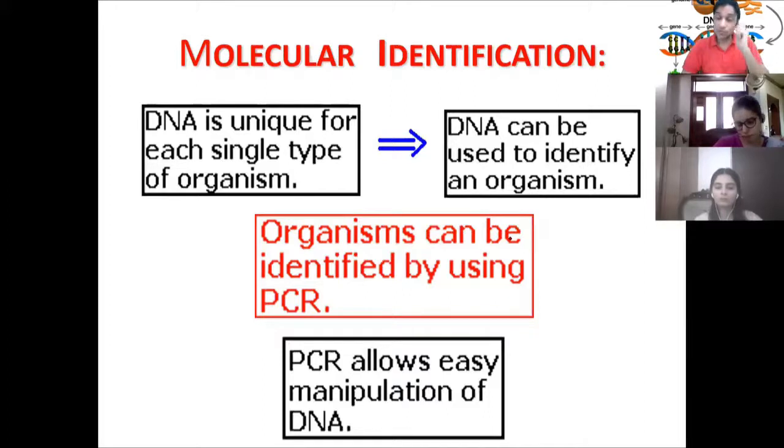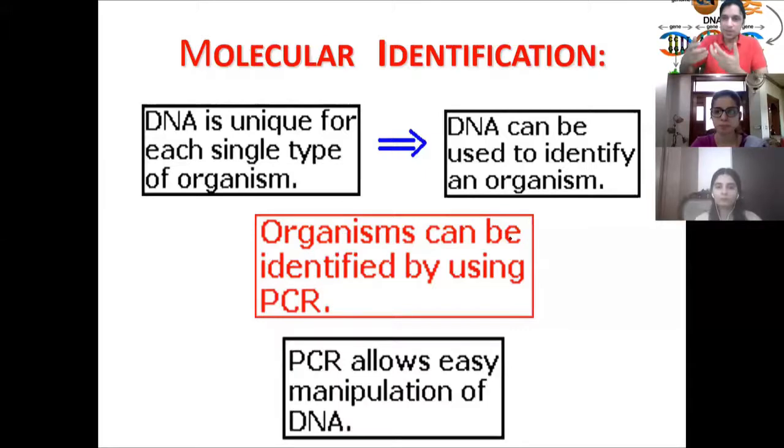So the Food Authority and the researchers should be able to identify whether a meat belongs to donkey or it belongs to a cow or a goat or a mutton. Because the cow meat should carry the specific genes which are only present in the cow.